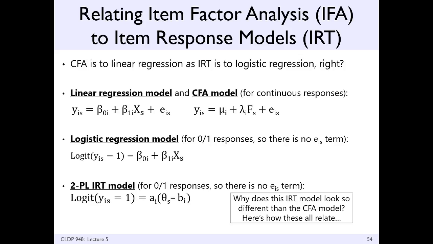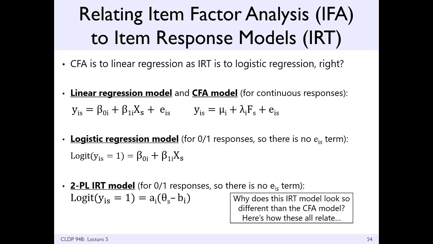It takes more of theta to answer a harder B item. So B is defined as the trait value at which you have a 50-50 shot of getting it right. So if B is 2, that means it takes a theta of 2 to have a 50-50 shot. If you have a theta greater than 2, you have a better than 50-50 shot. If you have a theta less than 2, less than 50-50.